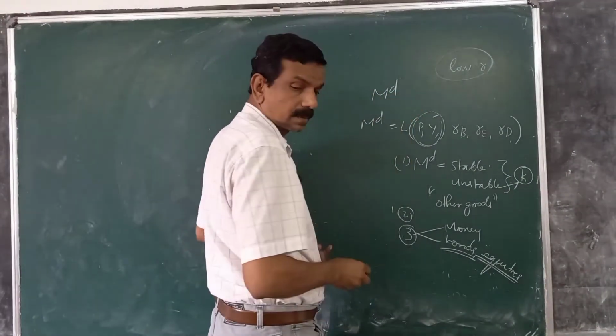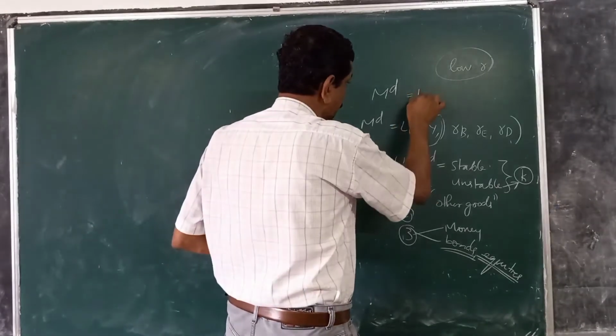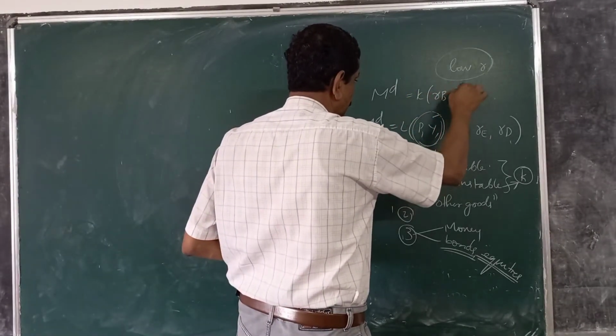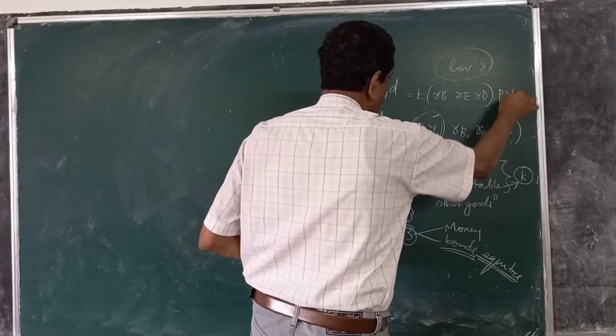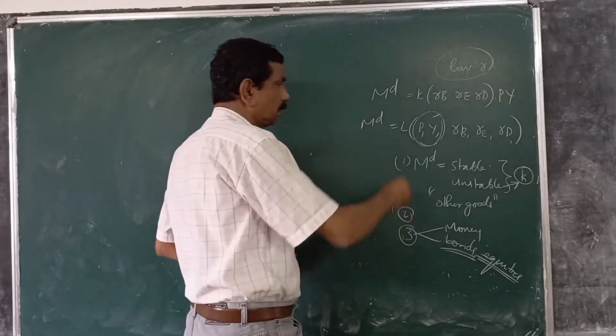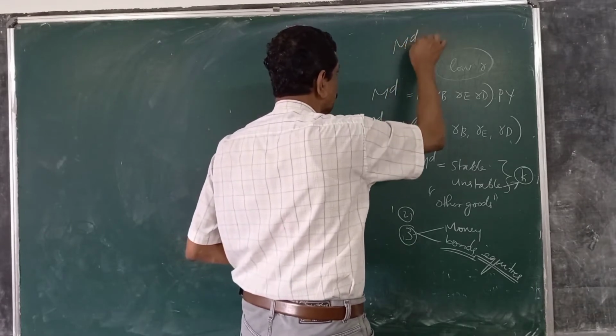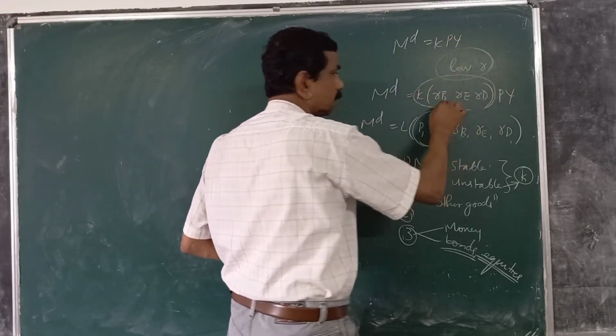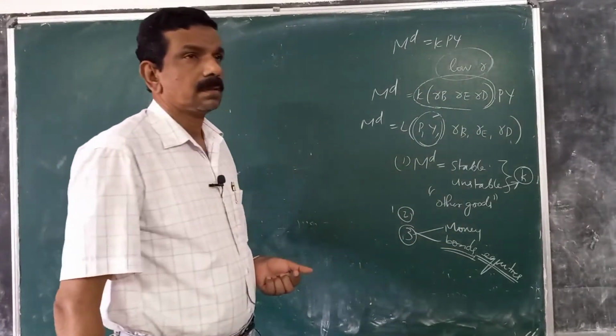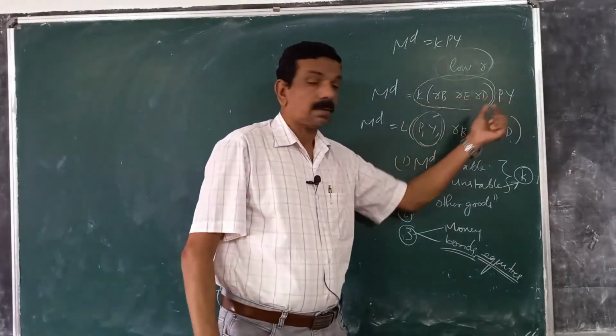MD is equal to K of RB, RE, RD into PY. MD equals KPY. Now K depends on return on all these.